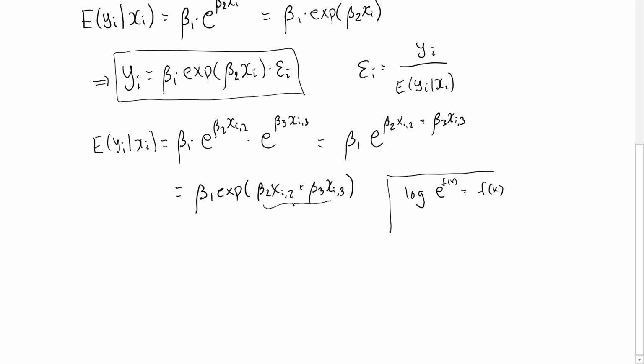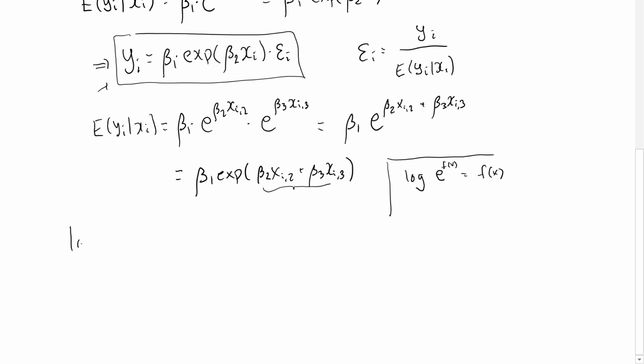So log e to anything is that anything. Apply that to our model. We see that we get log y_i. It's a product of three terms, this term, this term, and this term. So we just take the log of each term and sum them.